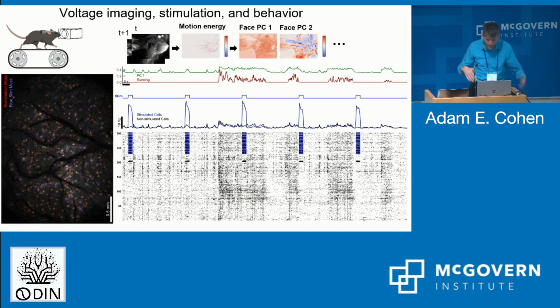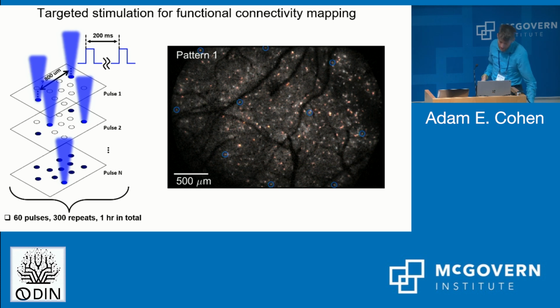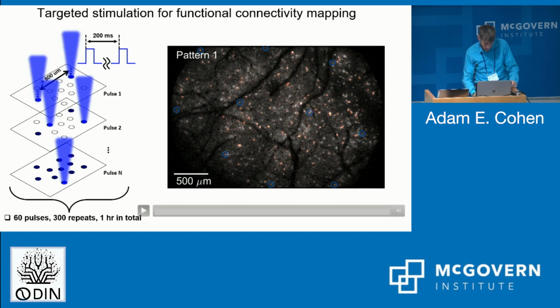And so we now have the ability to see basically everything that these neurons are doing electrically and to perturb however we want. And so here's an example of how we're starting to explore this circuit. We pick a sparse subset of the cells, and we stimulate them, and then we adjust which subset we're stimulating periodically. And by triggering the activity of all the other cells off of the neurons that we're stimulating, we can map the synaptic connections between each cell and every other cell, as well as the gap junction connections.